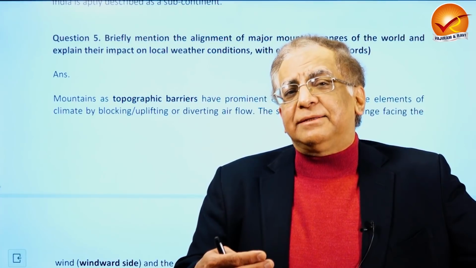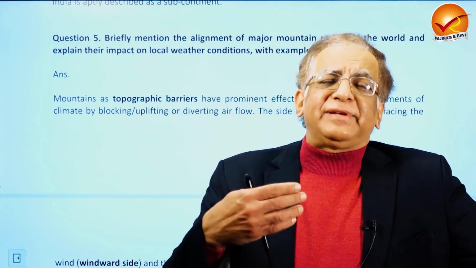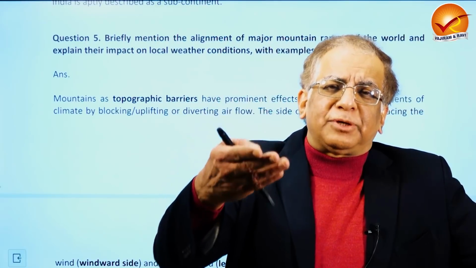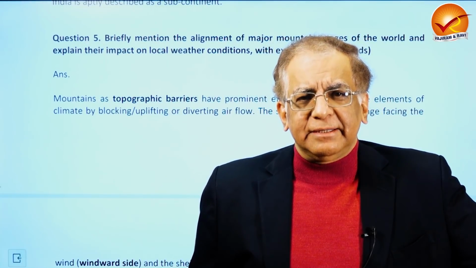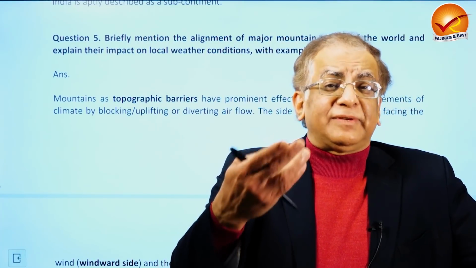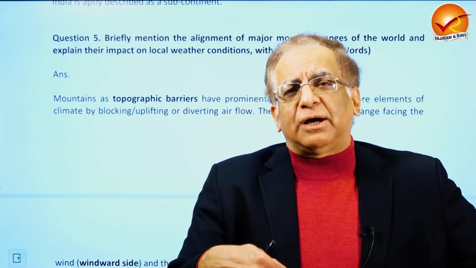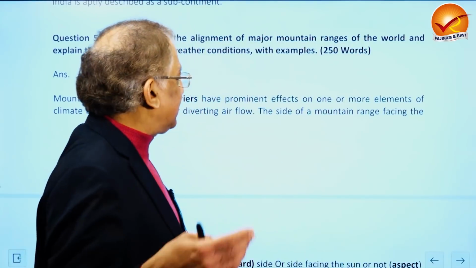So the southern slopes are sun-facing slopes, whereas the slopes on the northern side, on the Chinese side, are not facing the sun. That makes a great difference between the climatic conditions and hence vegetation conditions on the south and the north, in terms of the aspect of the slope.